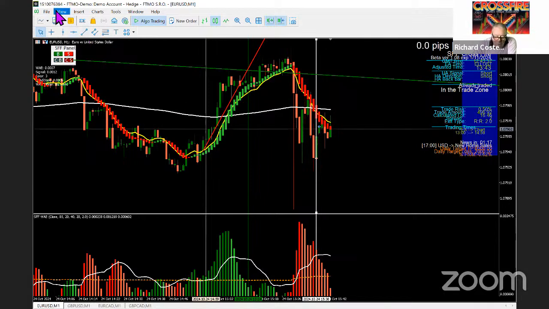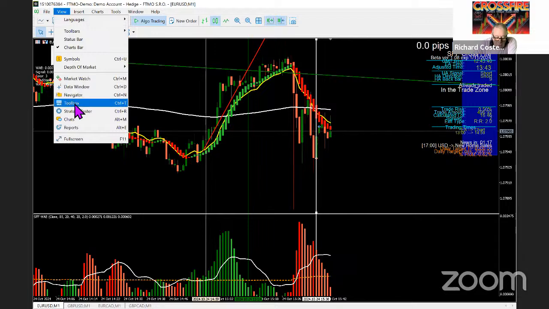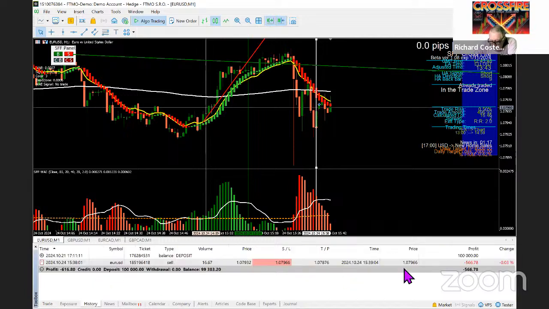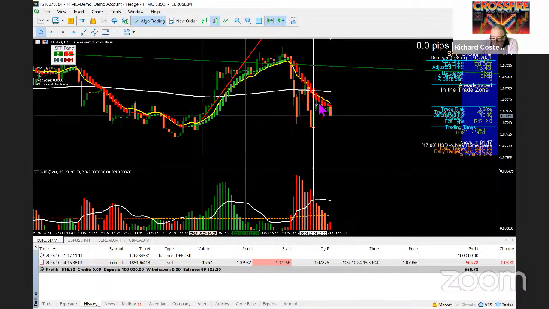If I look at my toolbox, if I look at the history, instead of taking me out at minus $500, it actually went to 566. But it saved my capital because it might have gone even higher. The trading assistant took me out as soon as I reached my risk limit. It slipped a little bit further than that, but that happens.